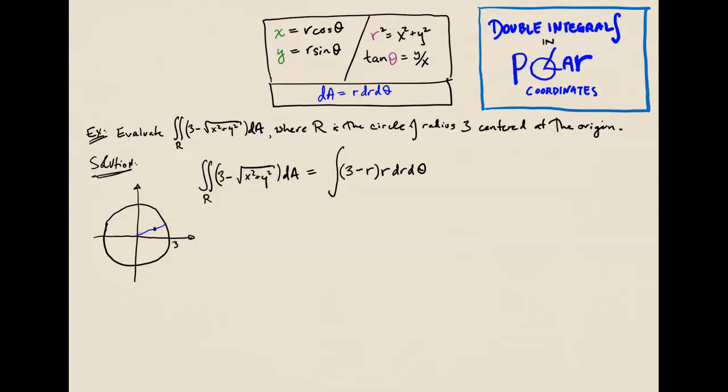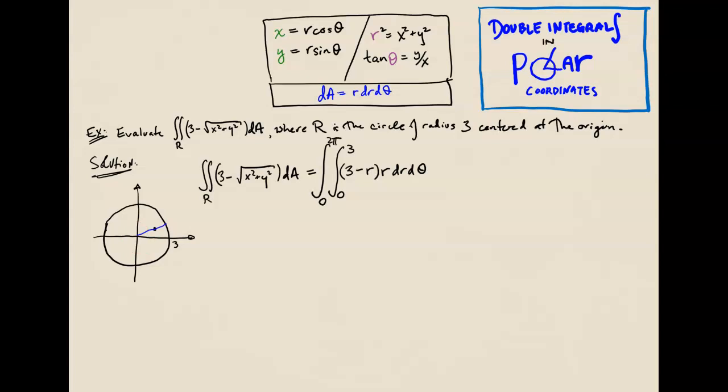And we let r vary from this point, where r is 0, out to this point, where r is 3. So my boundaries of integration will be 0 to 3. And now I have to move on to my outer integral, where theta is varying. Now I just have to let theta vary from 0 to 2 pi. So the boundaries on my outer integral will be 0 and 2 pi.